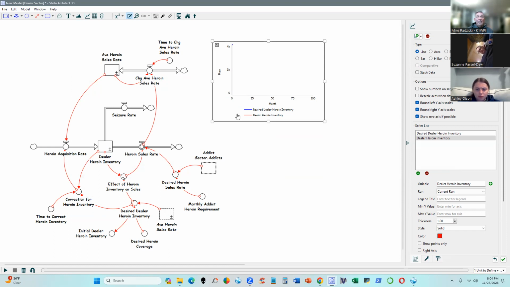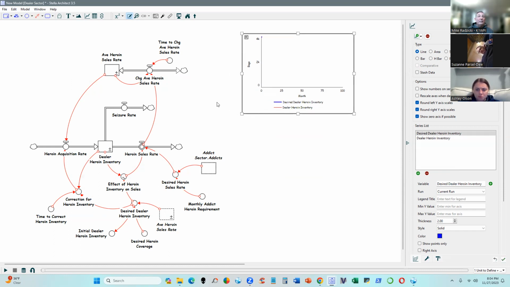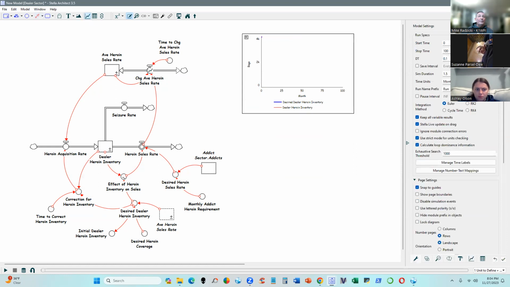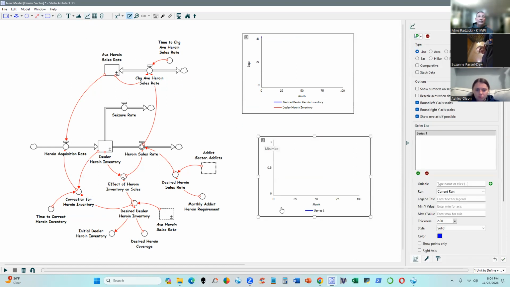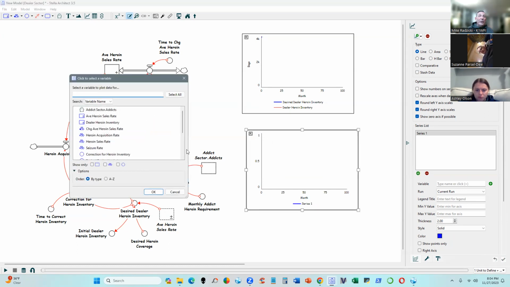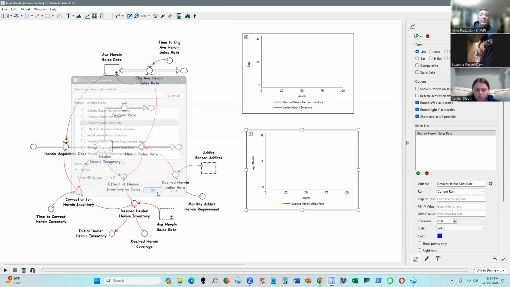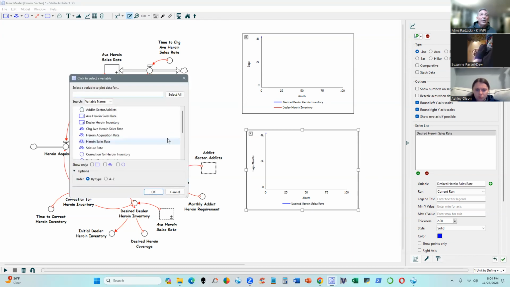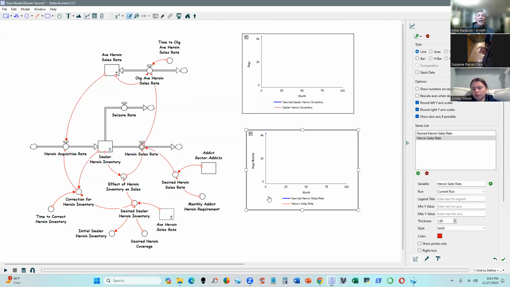You could put on the desired sales rate, the actual sales rate, which is not going to be very interesting unless there's a seizure or a shortage or something.